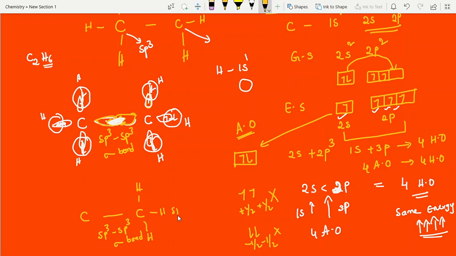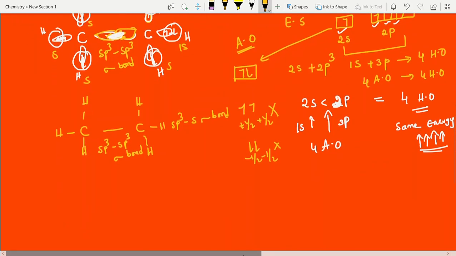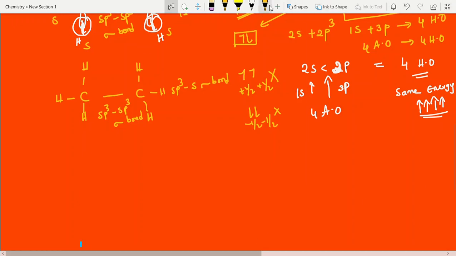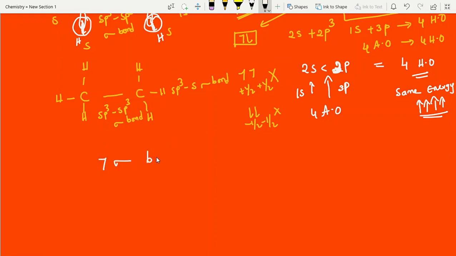So this we call an sp3-s sigma bond. Hydrogen is 1s, no? S is involved. That's why you can write sp3-s. So here also same story. So finally, I am writing here how many sigma bonds in total, students? All are single bonds: 1, 2, 3, 4, 5, 6, 7. 7 sigma bonds we have got.